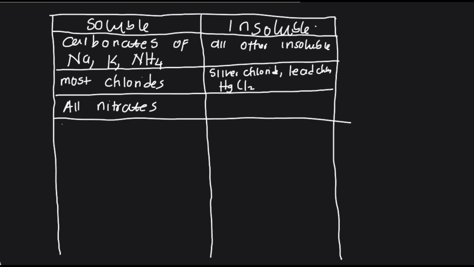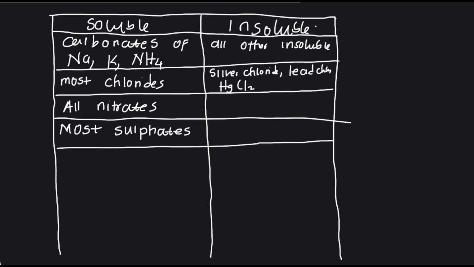So sulfates will also go with the "most" rule. Most sulfates are soluble, except which sulfates are insoluble. The first one, barium sulfate, is insoluble. Apart from barium sulfate, calcium sulfate is insoluble.